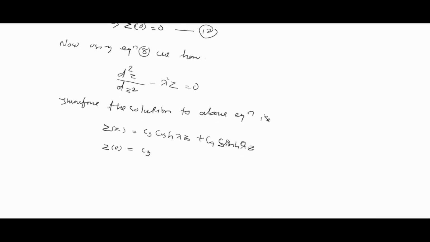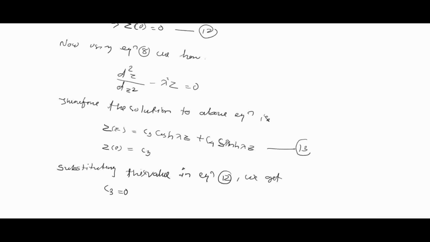Now substituting this value in equation number 12, we get that C3 is equal to 0. Let us take this as the 13th equation. Now replacing C3 equal to 0 in the 13th equation, what will you get?